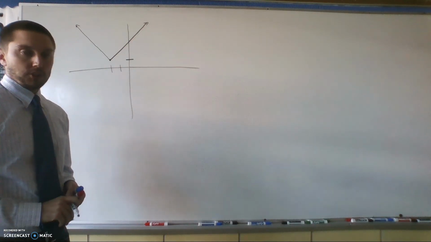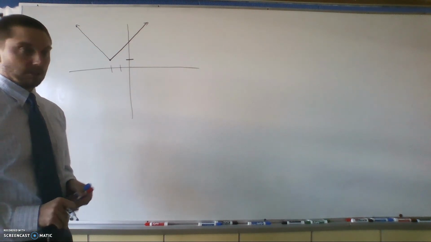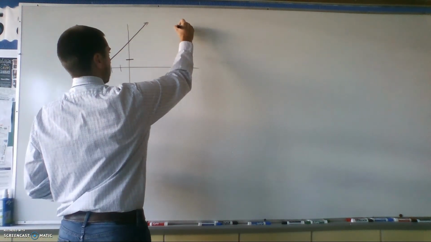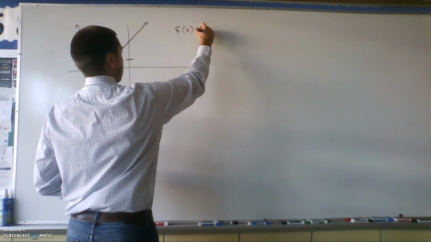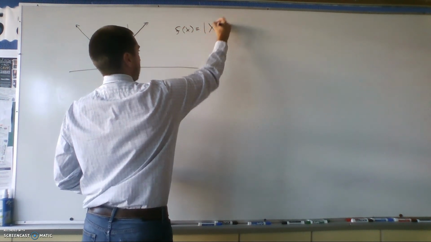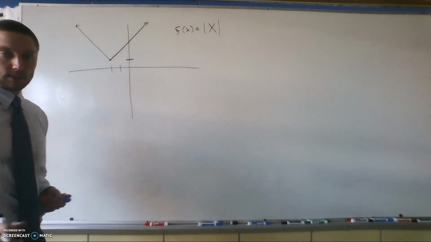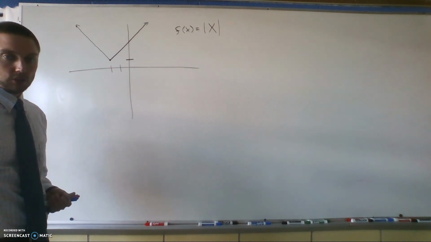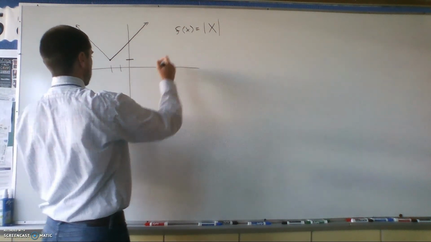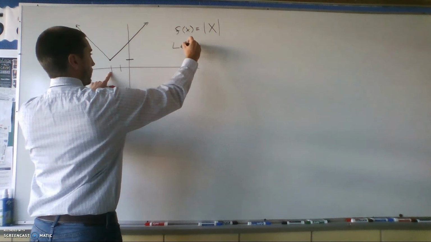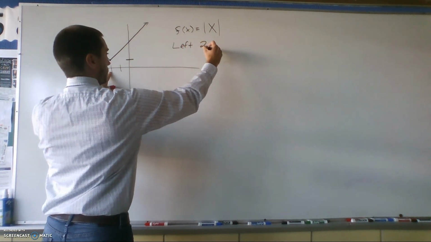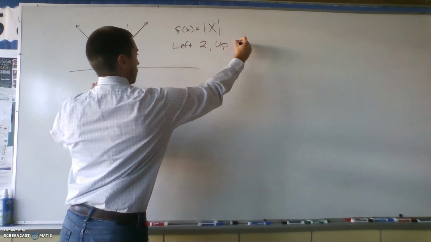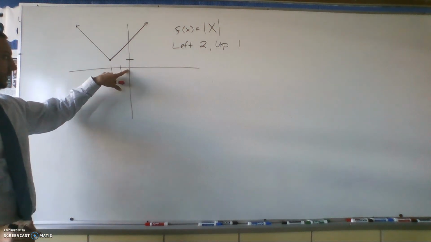Okay. So I want you to write an equation for this. Step one, identify the parent function. This is the absolute value of x. It's our v function. Step two, transformations. I went left 2, up 1, because usually my v hits at the origin.